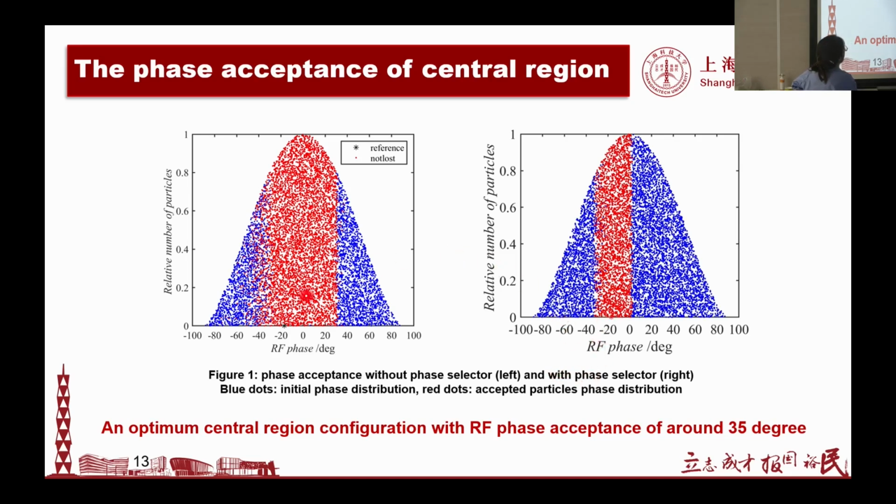The left side is the phase acceptance without the phase selector. The right side is the phase acceptance with the phase selector. Currently, the central region configuration has an RF phase acceptance of around 35 degrees.